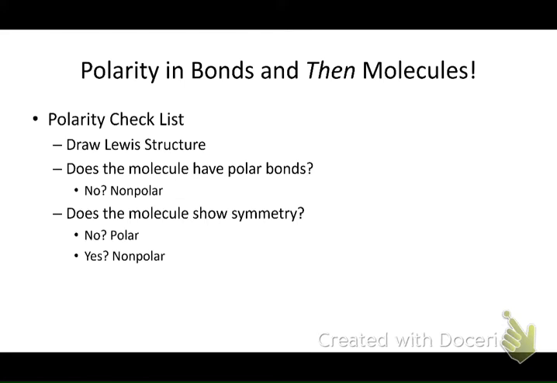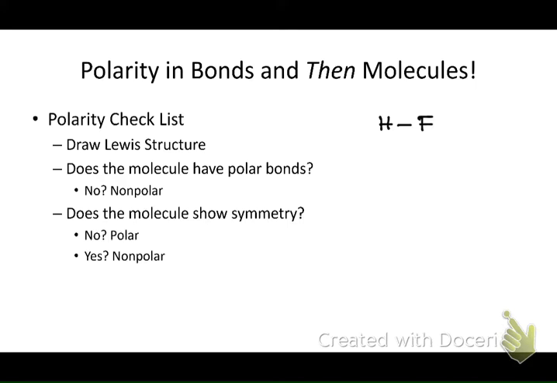Okay, so we want to talk a little bit about molecular polarity, and we're going to go back to the model kits here in a second, but bonds can be polar, right? So for example, HF is a polar molecule. Kekule drawing, I left the lone pairs off.